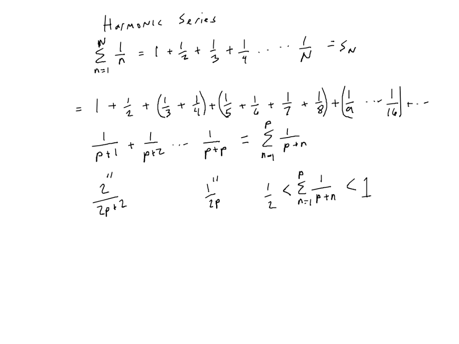So if I say the sum S of n, and I want it for 3, that's an easy one, because I know that it's going to be some number that's greater than 2, but less than 3.